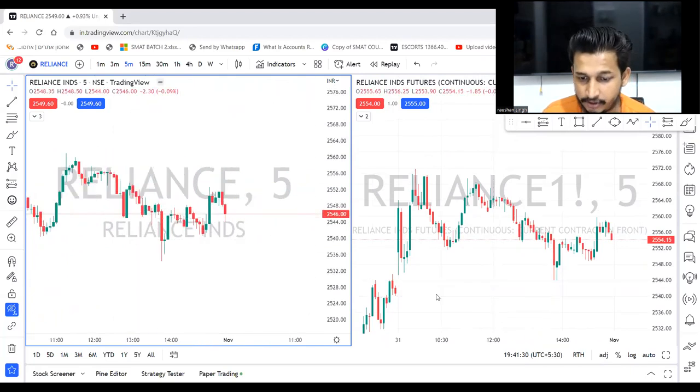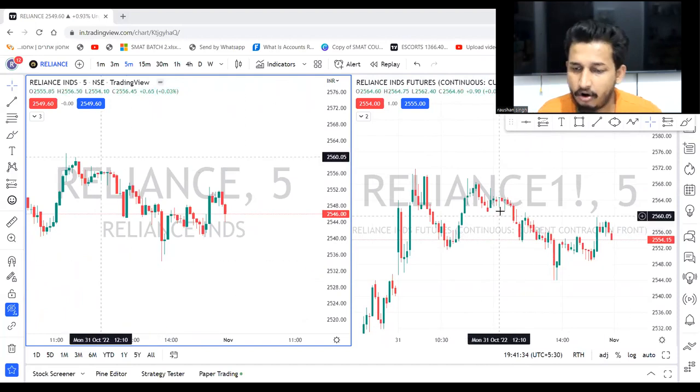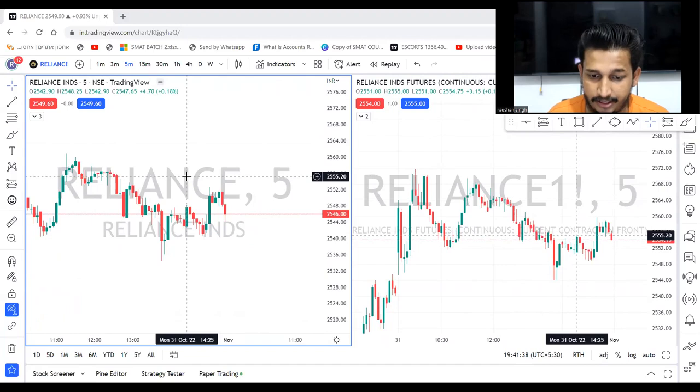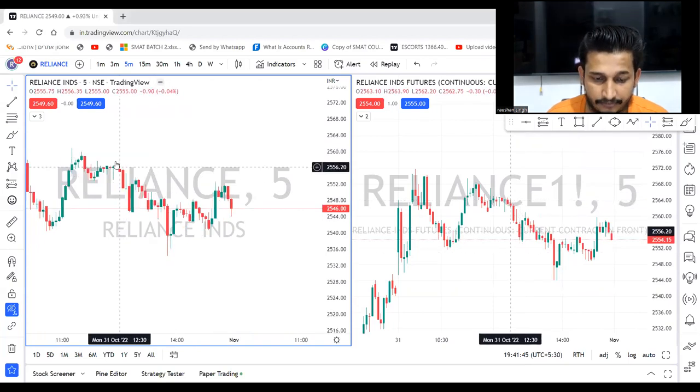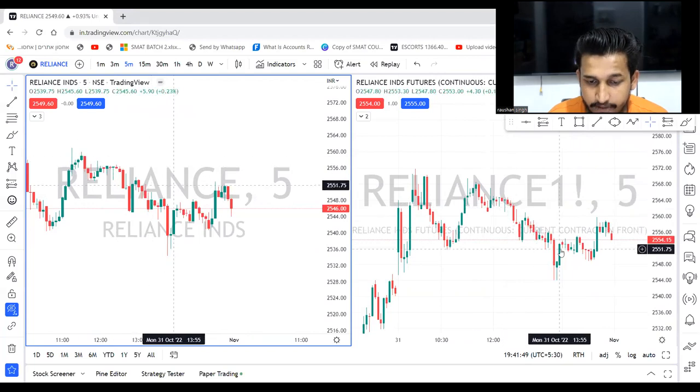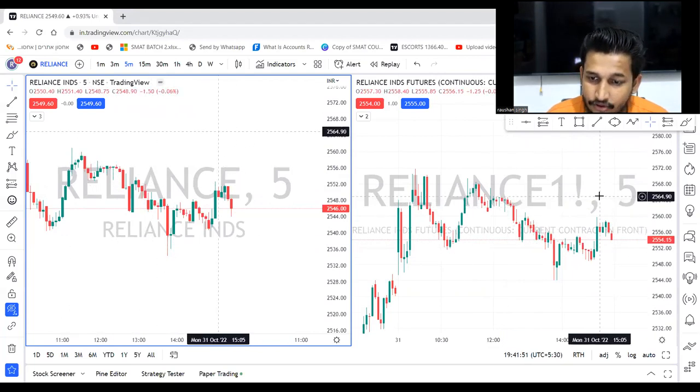Is this clear? All futures will follow their underlying assets. It is right in front of the screen. If Reliance is falling, the Reliance future is also falling. Reliance future will follow Reliance, it will not follow some other stock.